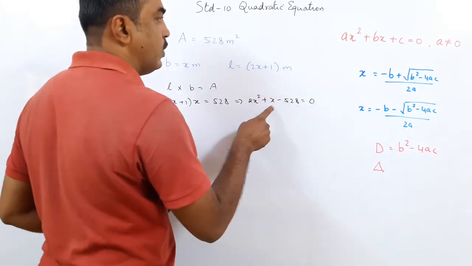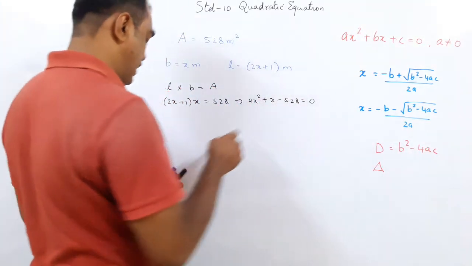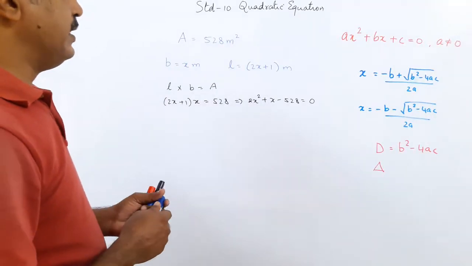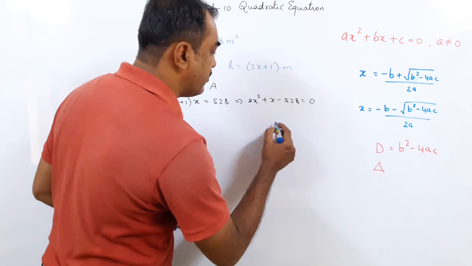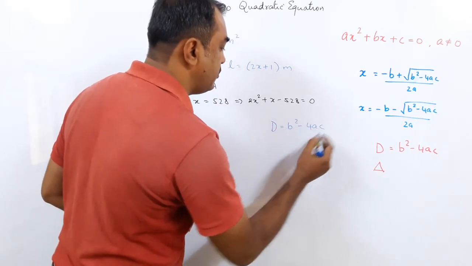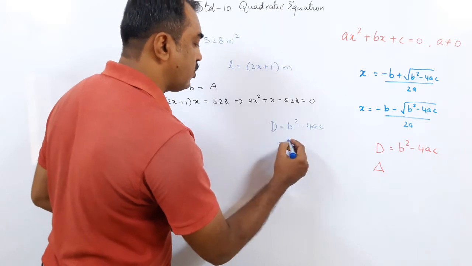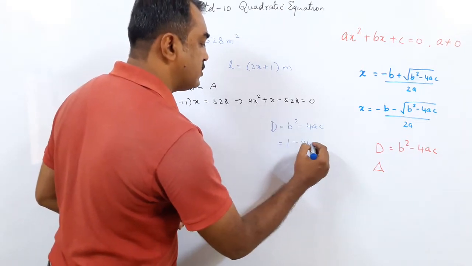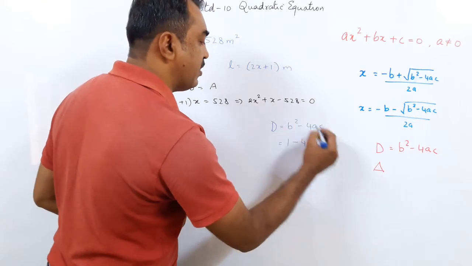What is B? 1. What is C? Minus 528. So first we will find out D. The discriminant D is equal to b square minus 4ac. b is 1, so 1 square is 1, minus 4. A is how much? 2. And what is C? Minus 528.